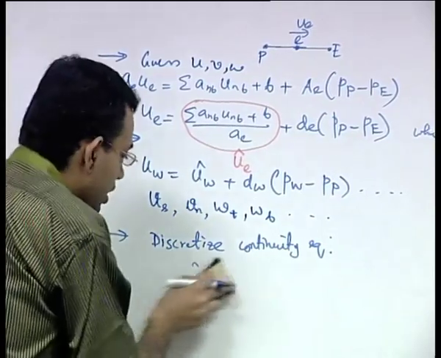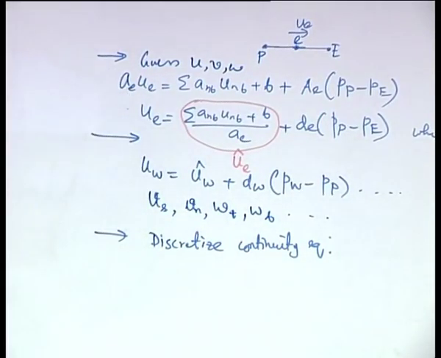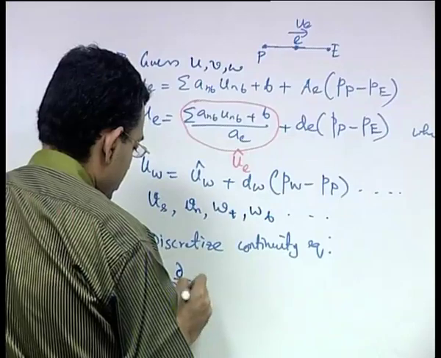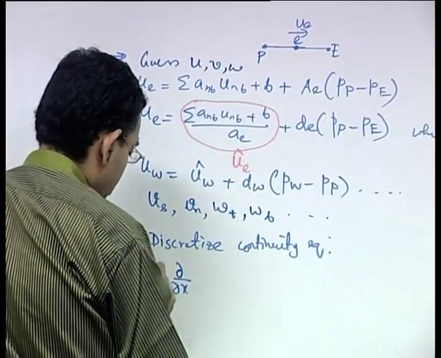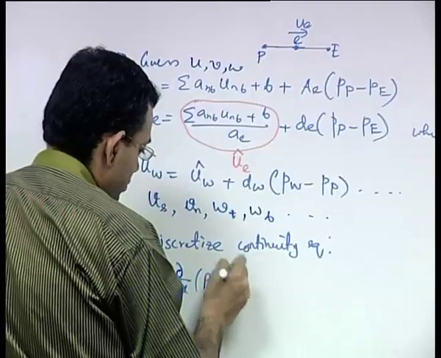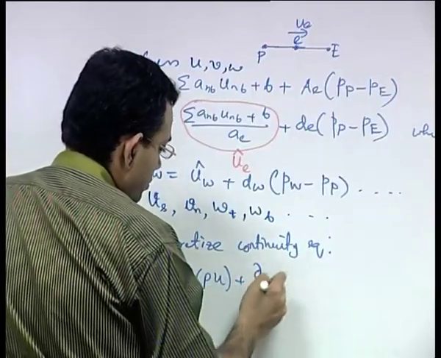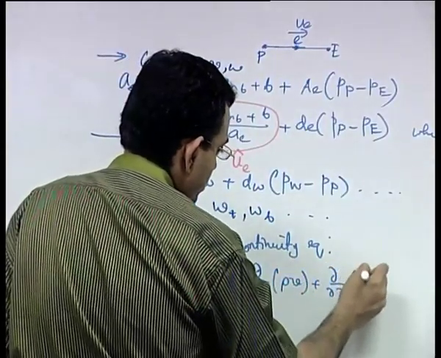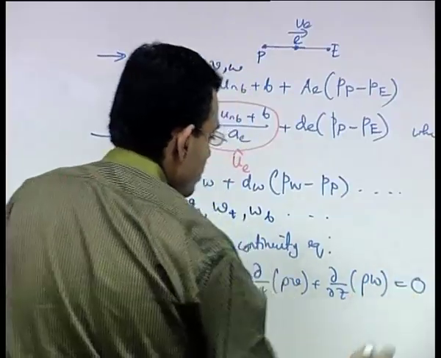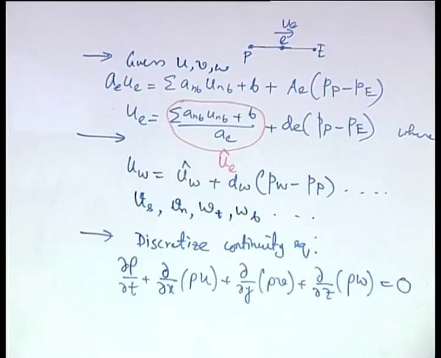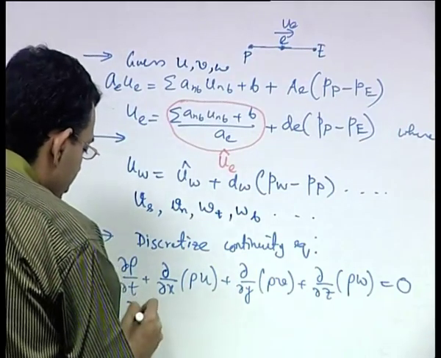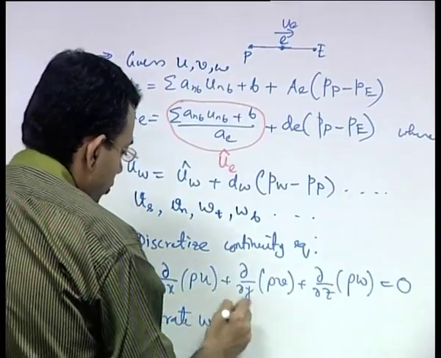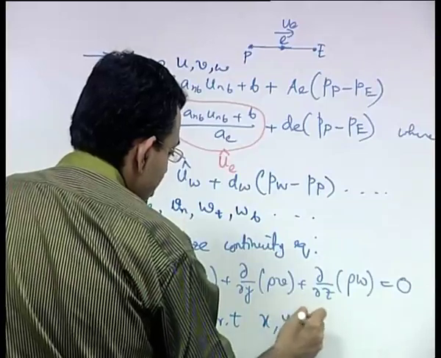Let us consider the general continuity equation as an example. What you do is you integrate with respect to x, y, z and time.